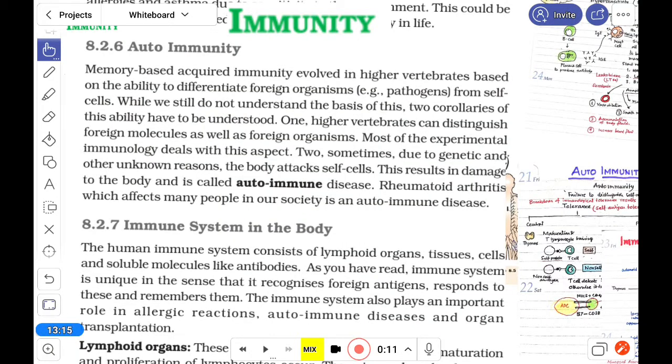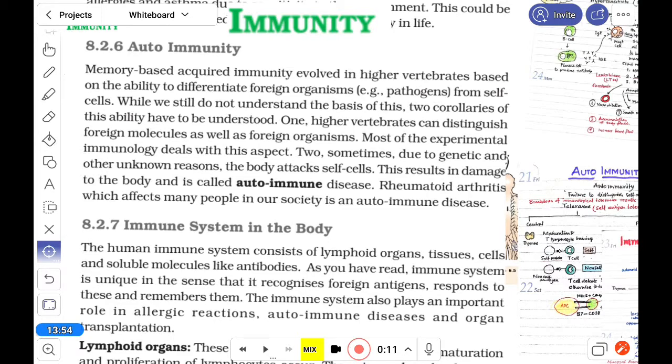Next is autoimmunity. Autoimmunity is another, negative system, where our immune system affects our body protein. It eats up our body protein, and it creates huge problems in our body, with destruction of several different types.